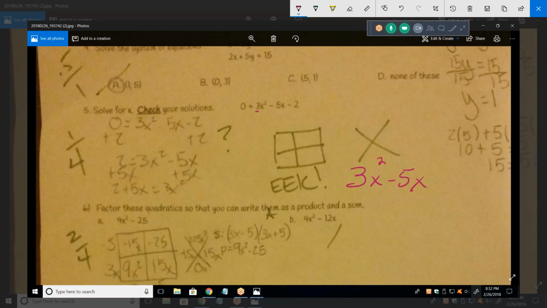I want you to use the same 3 steps that we did last time we met. First step, break up the x squareds, which means breaking that whole thing up. How can you split that up so that they multiply together to give you 3x squared?